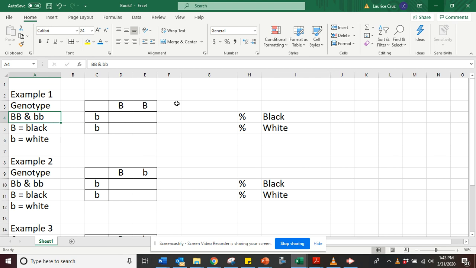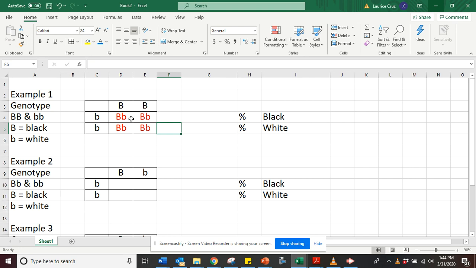Now, if we combine those two, say those genes were mixed, what are the chances of getting black and white? So we'll try this first. Uppercase, lowercase, uppercase, lowercase.